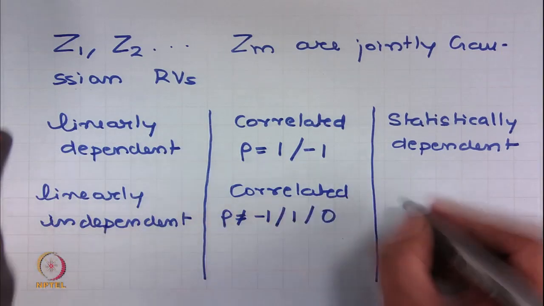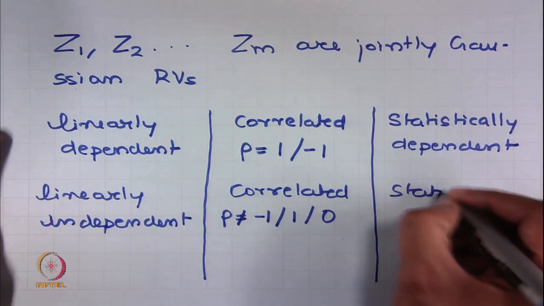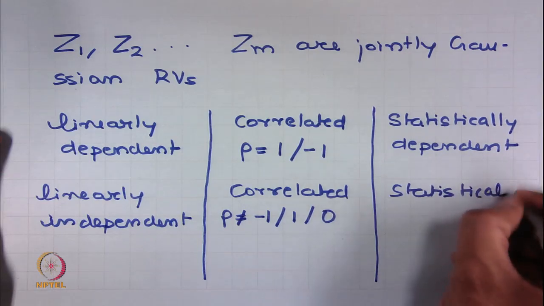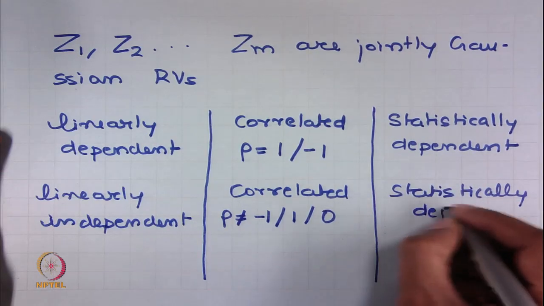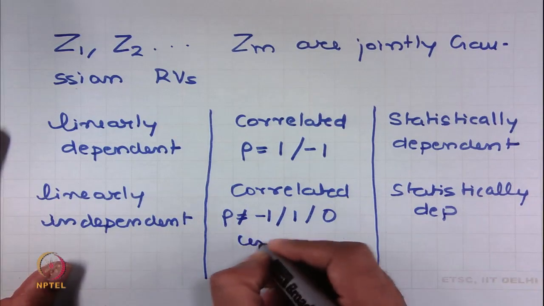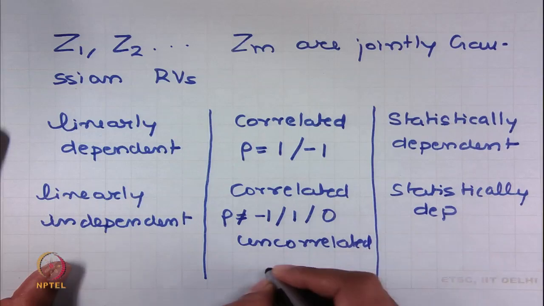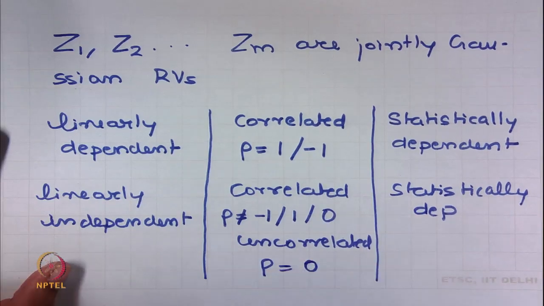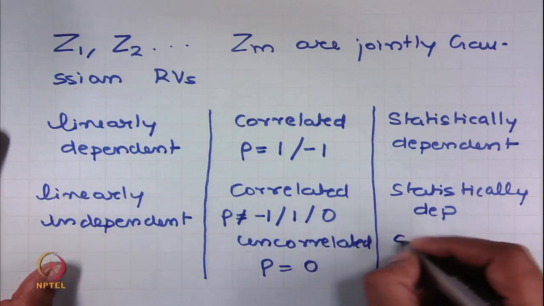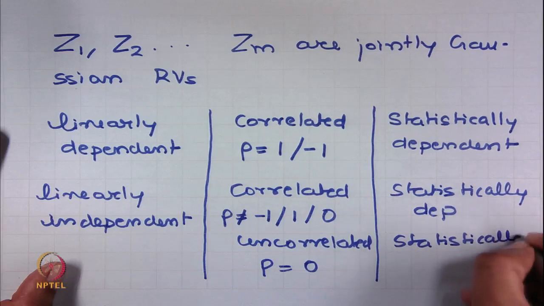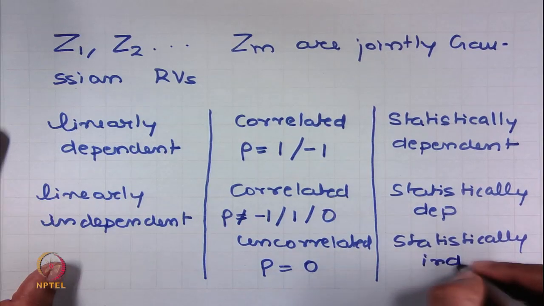If they are correlated, they are also statistically dependent. They can be uncorrelated, and then the correlation coefficient is 0, and this implies that they are also statistically independent.